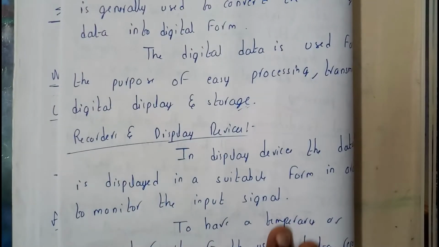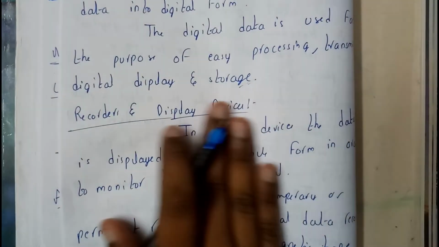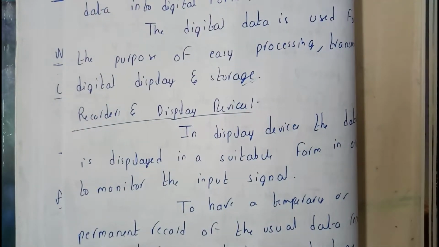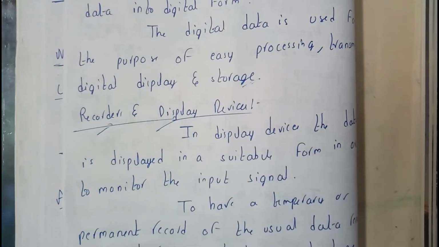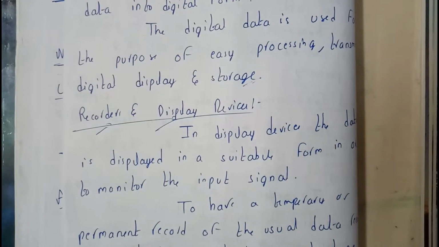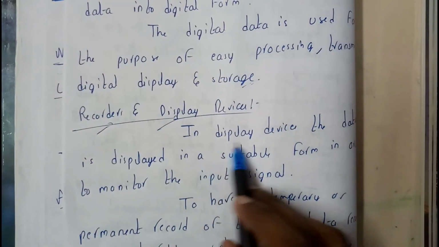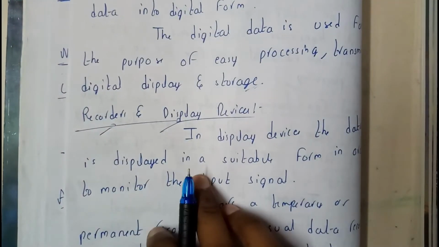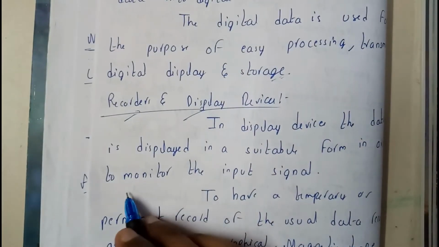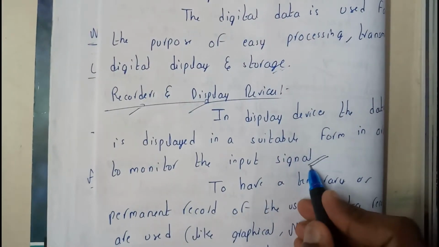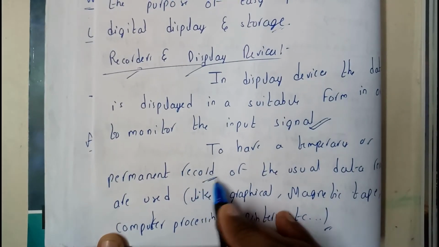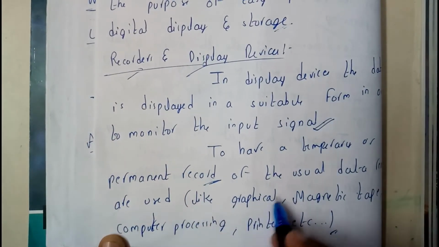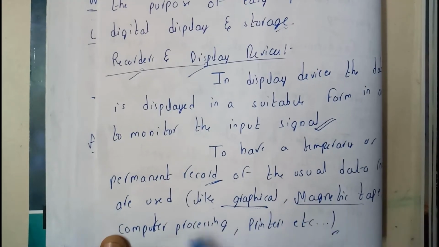After this comes the computer, where you can store the data and it is going to record, and it can be forwarded to display devices such that we can get the output. In display devices, the data is displayed in a suitable form in order to monitor the output signal. Further, we can have a temporary or permanent record of the data in graphical or magnetic tape, computer processing, or printed form.